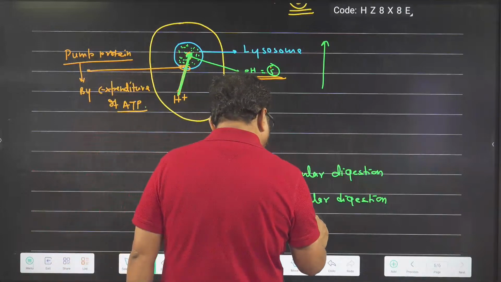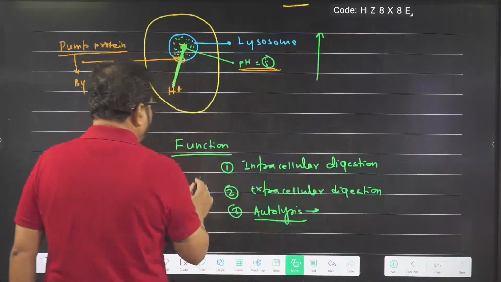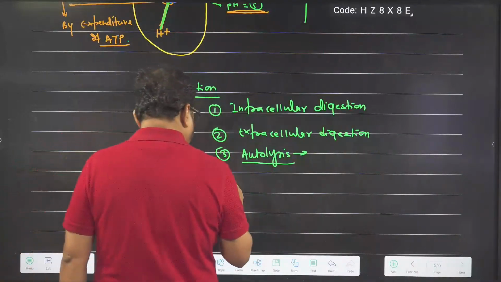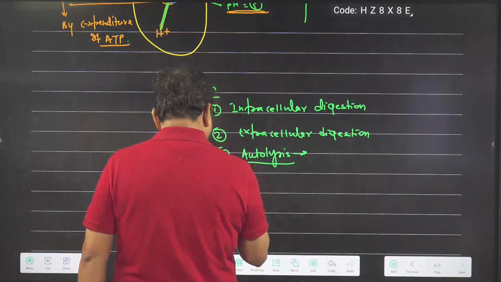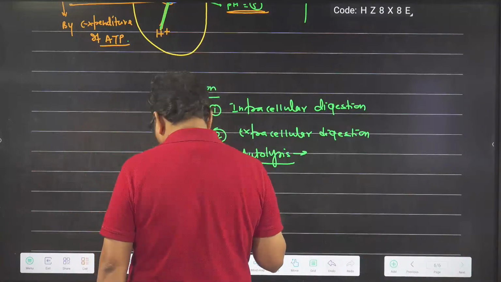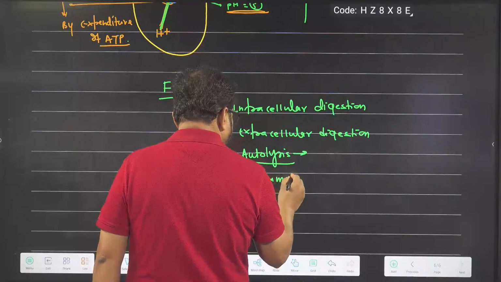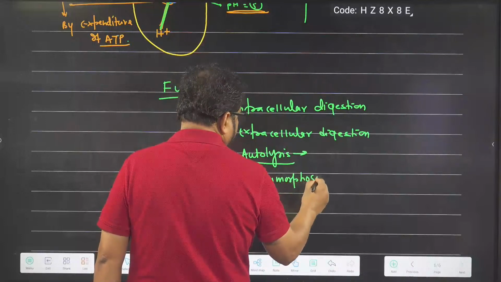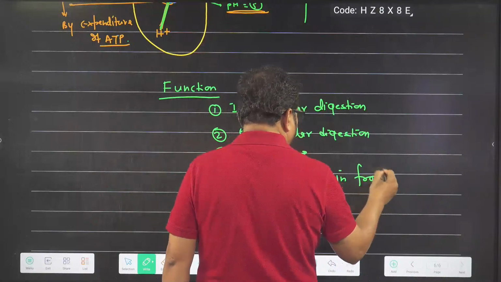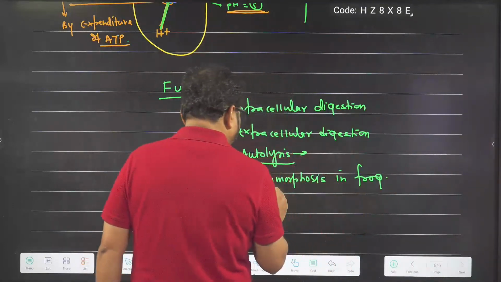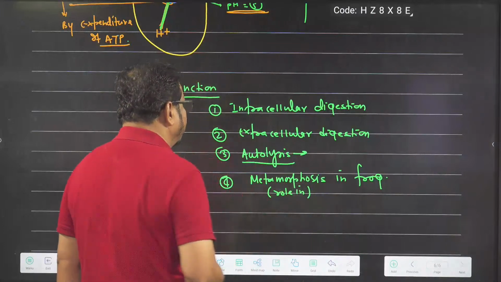And due to this autolysis, it is called suicidal bag. Got the idea? Another function I am writing about the lysosome is metamorphosis in frog. It has a role in metamorphosis. Metamorphosis in frog. Got the idea?